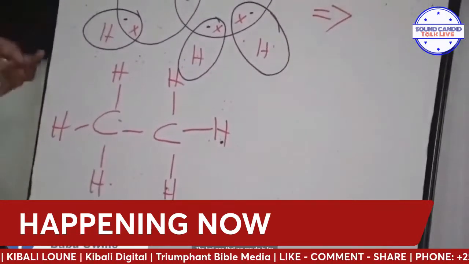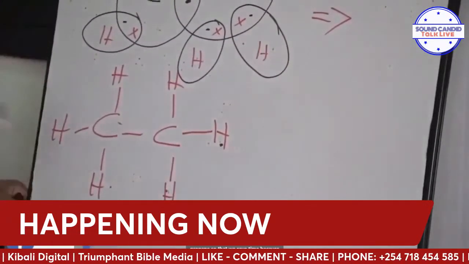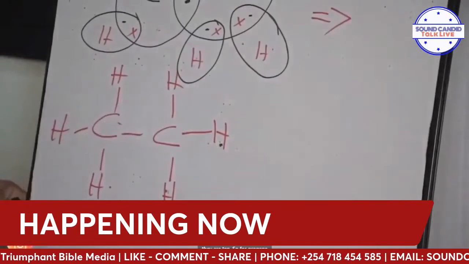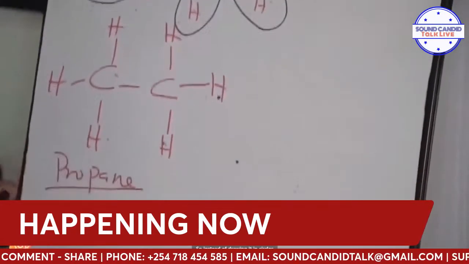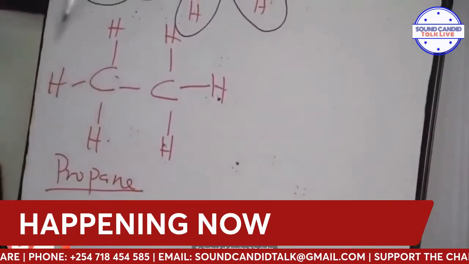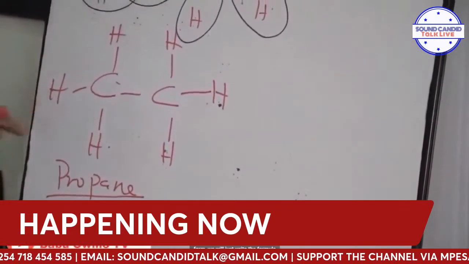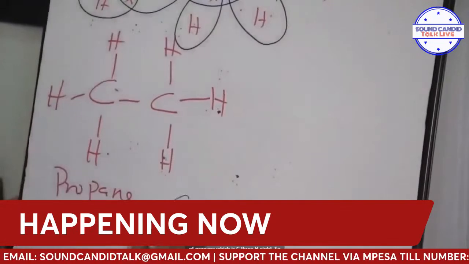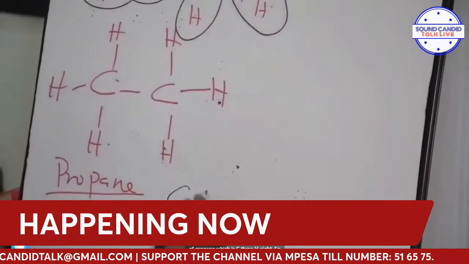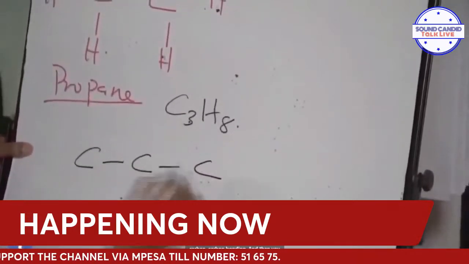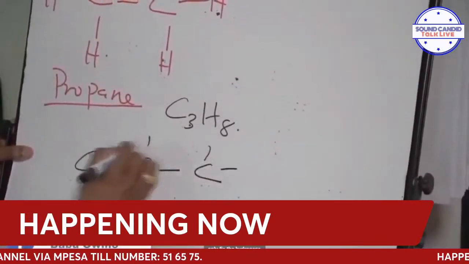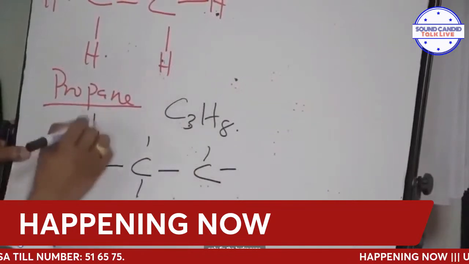The last one that we can do is propane, so that we save time because there are 10. Instead of drawing it in circles, we will just write the formula of propane, which is C3H8. So it's carbon, carbon, carbon bonding, and then you only fix the hydrogens.